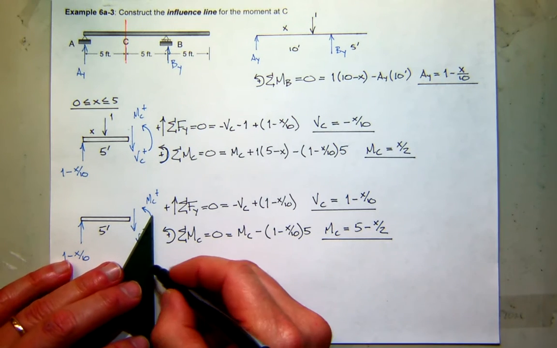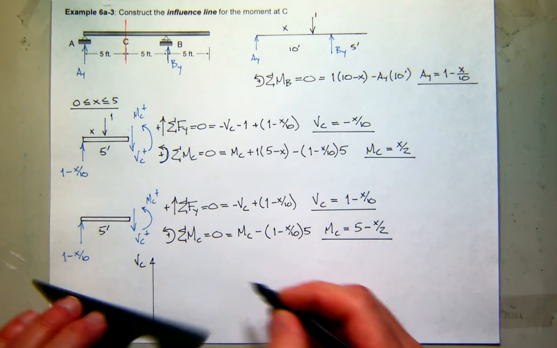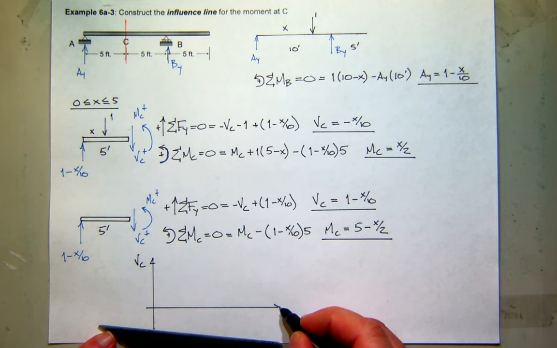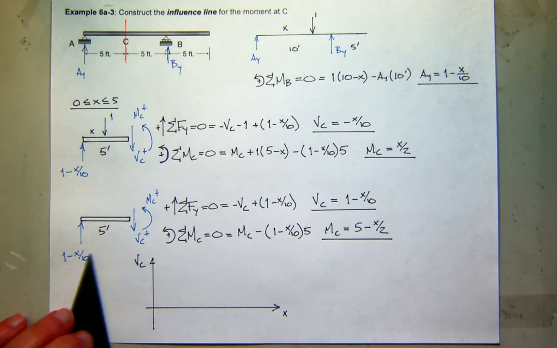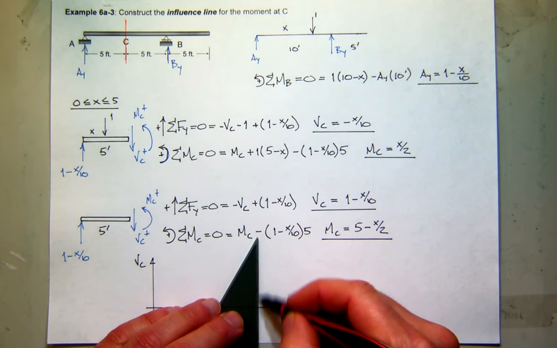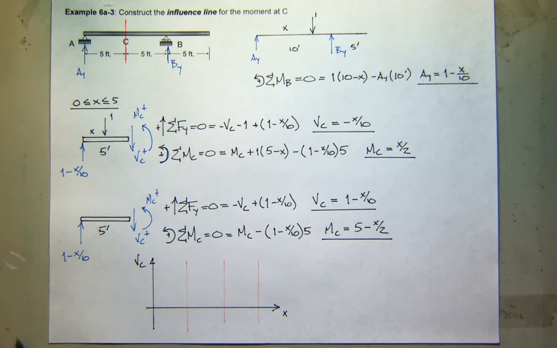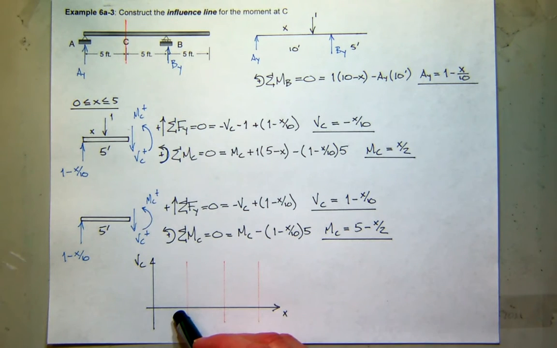So now we'll plot these. So here is the shear at C. Let's see. So I've got roughly in thirds. From 0 to 5, over the first 5, we plot this equation, which is minus x over 10.